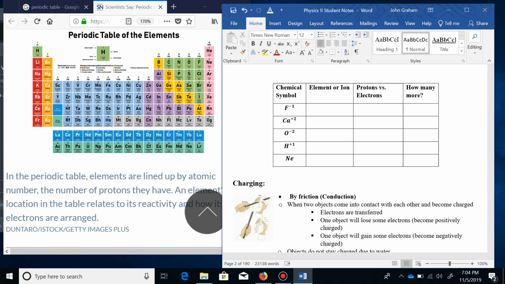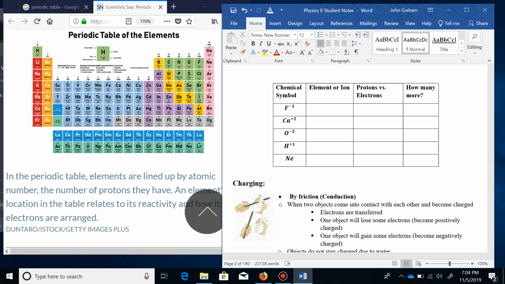So when we look at one that is fluoride to the negative first, this means that it has less protons than it does electrons, meaning that it actually has more electrons because it's negative, so it has more negative particles.